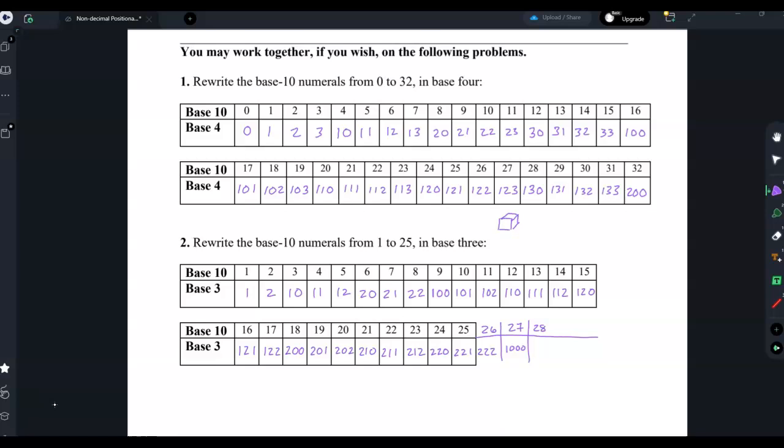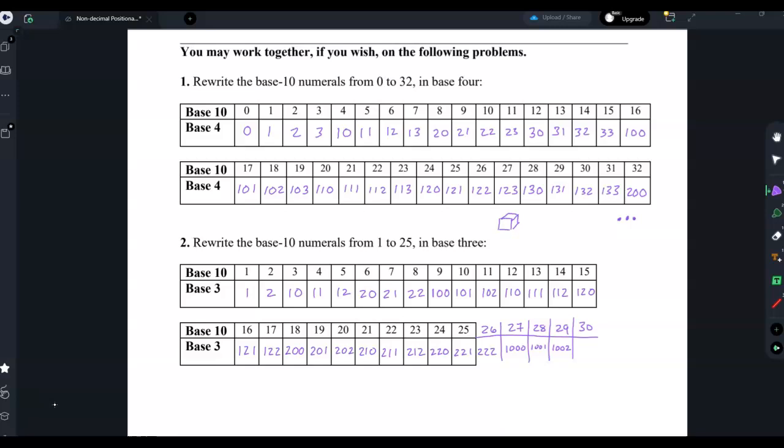If I move on to the next one, add another unit. Now I have 1 big cube, 0 flats, 0 rods, 1 unit. Add another to that, and I'm going to go out to 30. So that would be 1 big cube, 0 flats, 0 rods, 2 units.